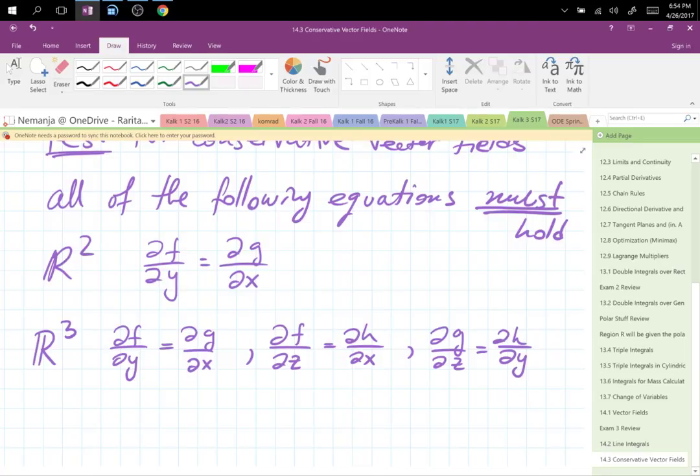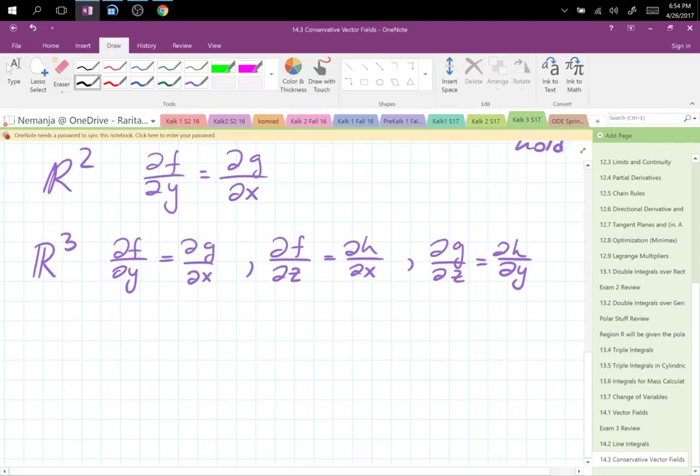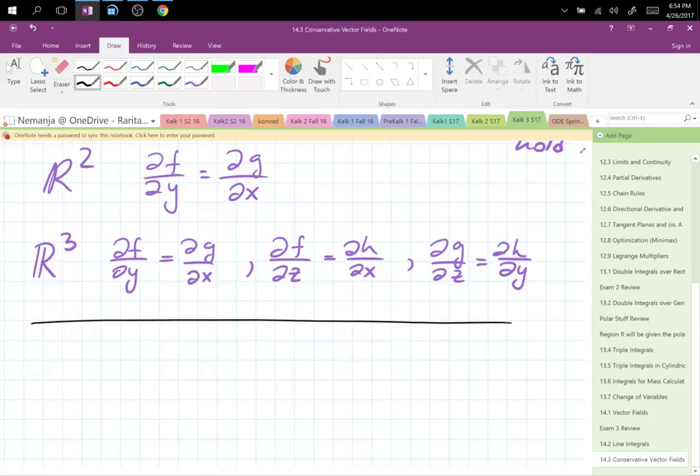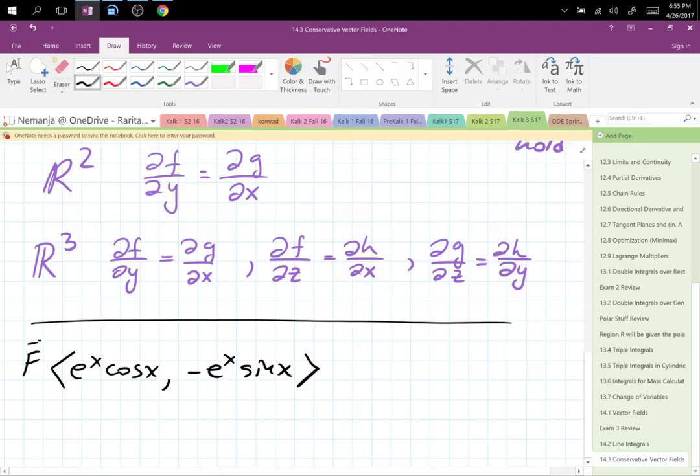So when you have a field given, what you have in front of you are f and g, or f, g, and h. And then you just run these partial derivatives to make sure that the field is conservative. So let's check if e to the x cosine y, comma negative e to the x sine y is a conservative vector field.